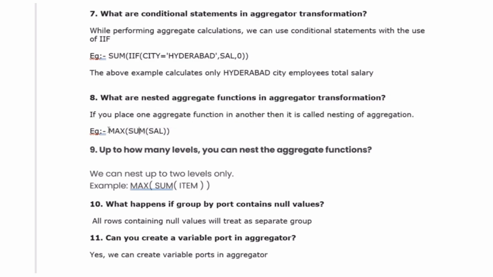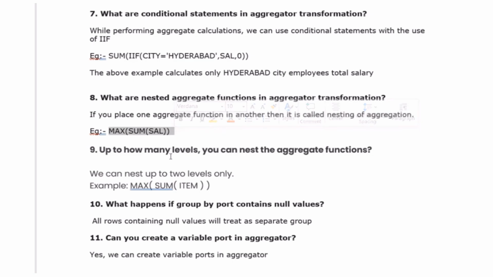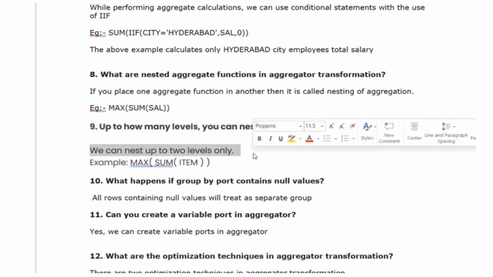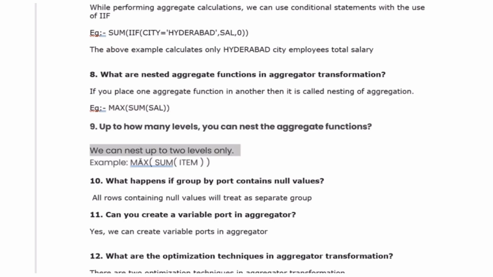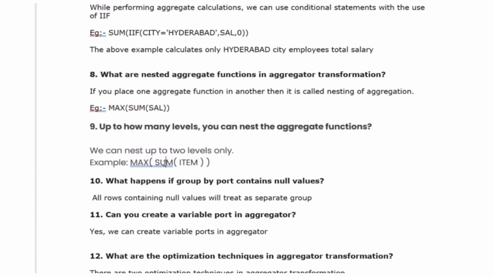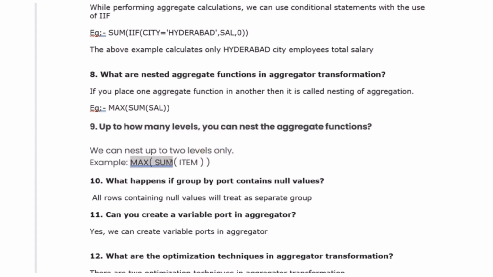So like this you can nest the aggregate functions, but you can nest only up to 2 levels. Here max is one level, sum is another level, so only 2 levels we can nest up.